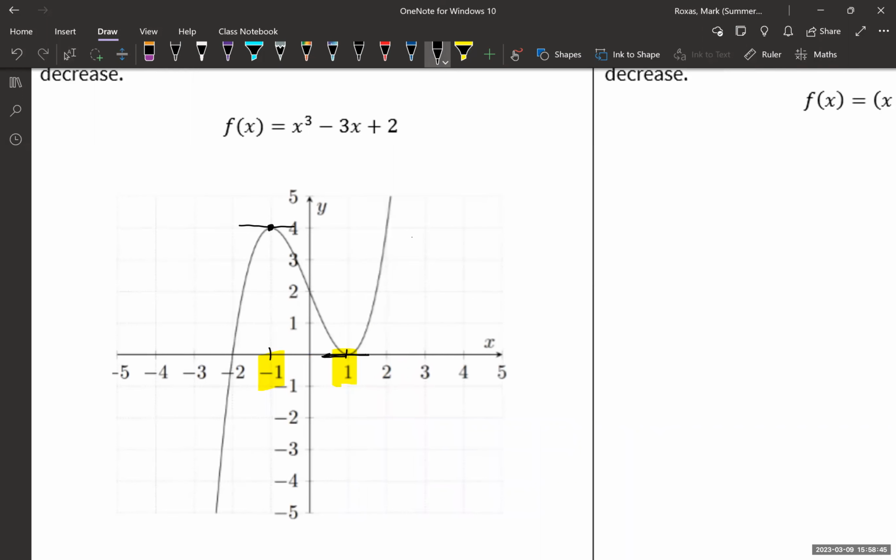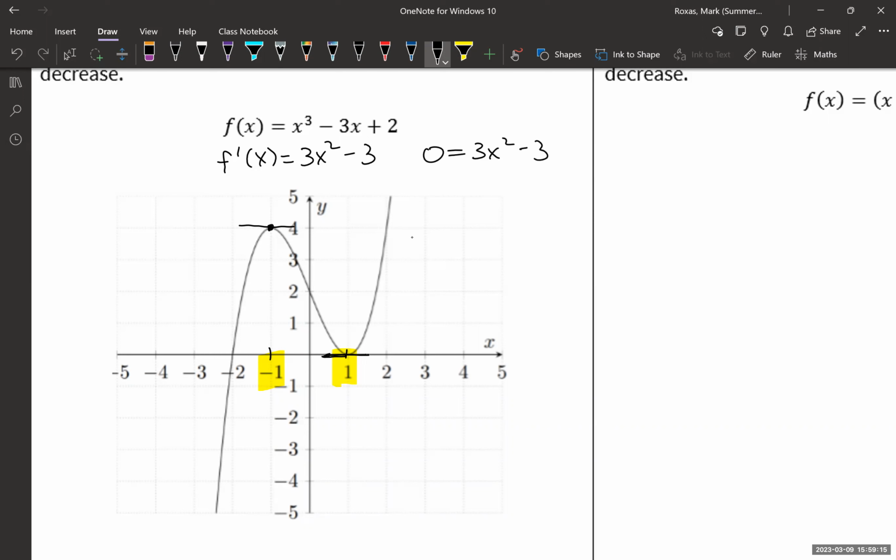To do this algebraically using derivatives, we first start with finding the first derivative. f prime of x equals, power rule says, 3x squared minus 3. If I know my critical points have a horizontal tangent line, and the slope of that line is 0, that's the same as saying make the derivative equal to 0, because the derivative is the slope of that tangent line. So 0 equals 3x squared minus 3.